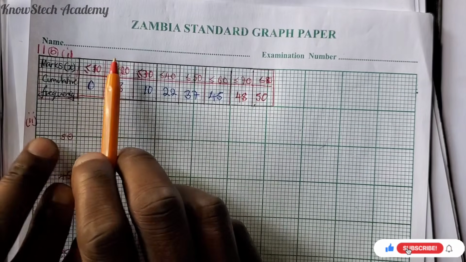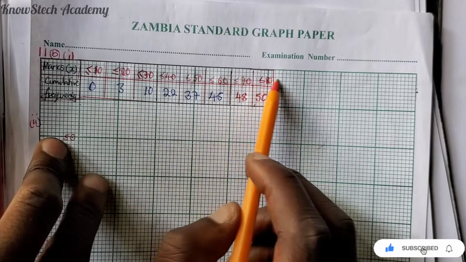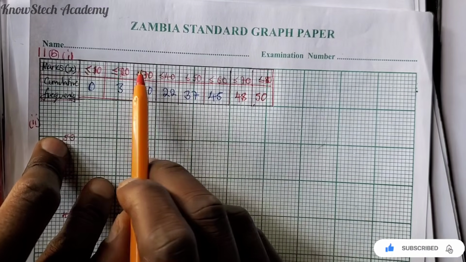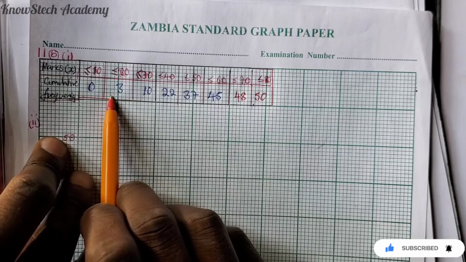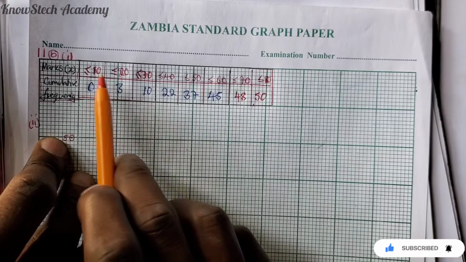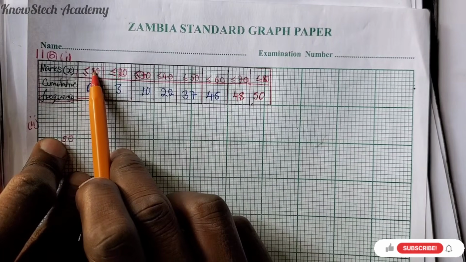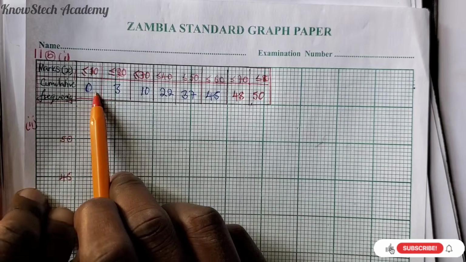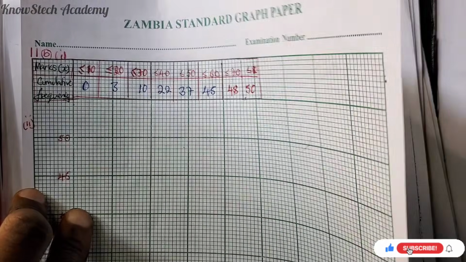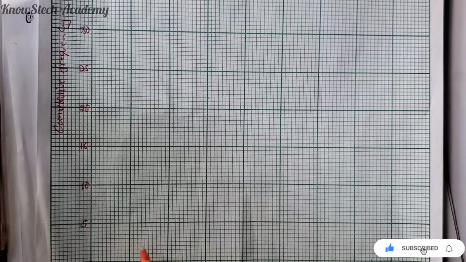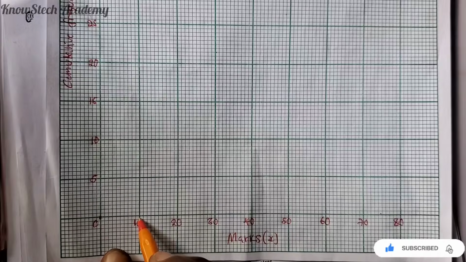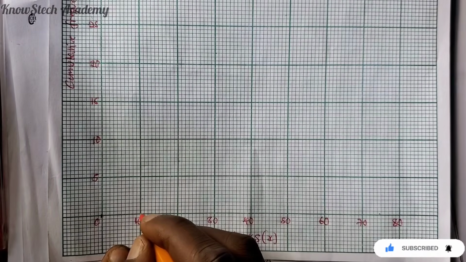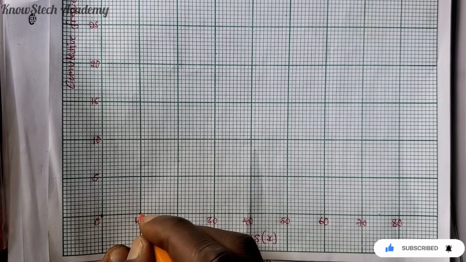The numbers that are on top here represent the x-axis. Then the cumulative frequency represents the y-axis. So the first one, of course, is 10, 0. Okay, 10, 0. So 10 is here, and 0 is the same place here.